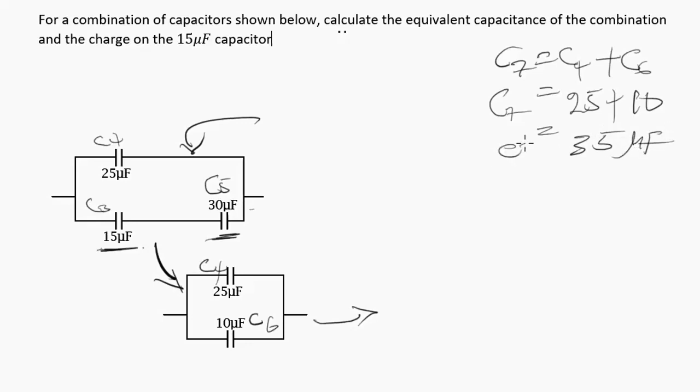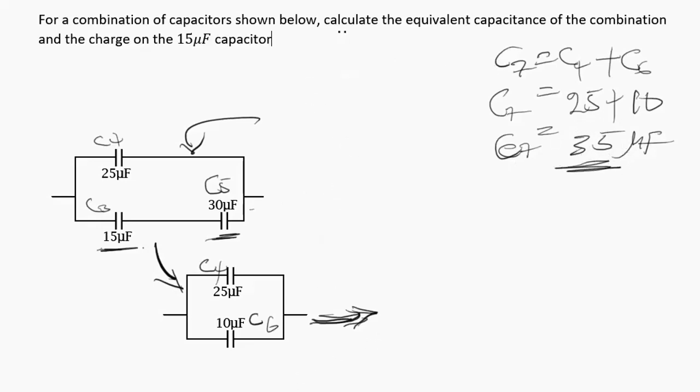So C7 is equal to 35 microfarad. So our equivalent capacitance is 35 microfarad.